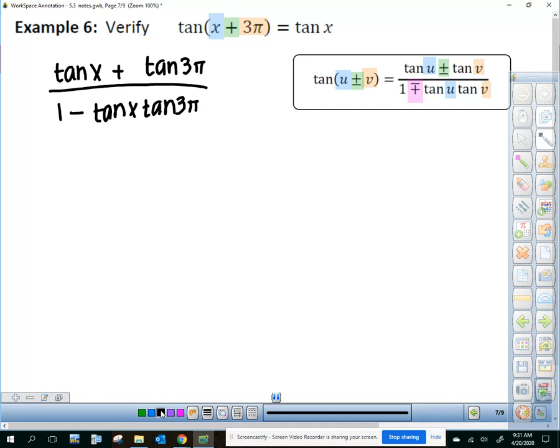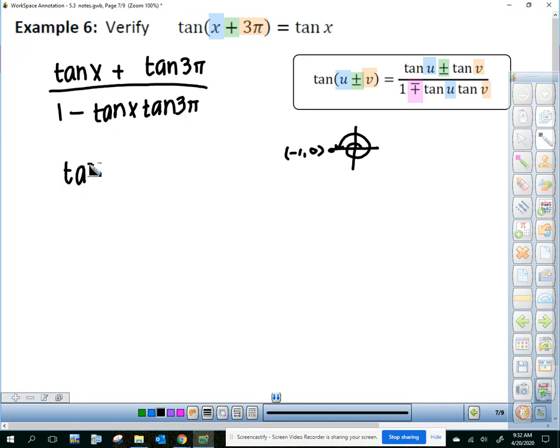All right, so again, you can sketch the angle if you need to. You don't have to. We know a full circle is 2 pi, half a circle is pi, so 3 pi puts me here. You know the ordered pair is -1, 0, and you know tangent is sine divided by cosine, or y divided by x. With 0 divided by anything, it's 0. The tangent at 3 pi is 0.